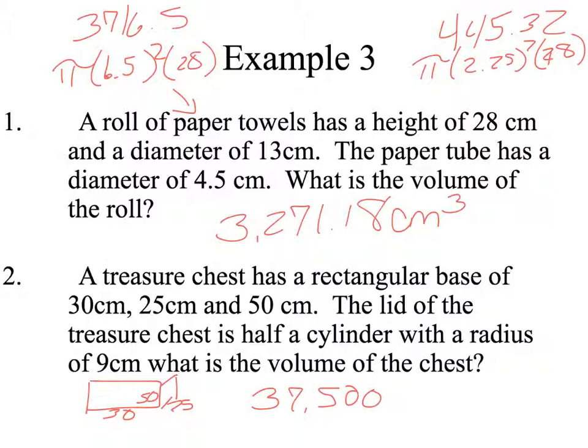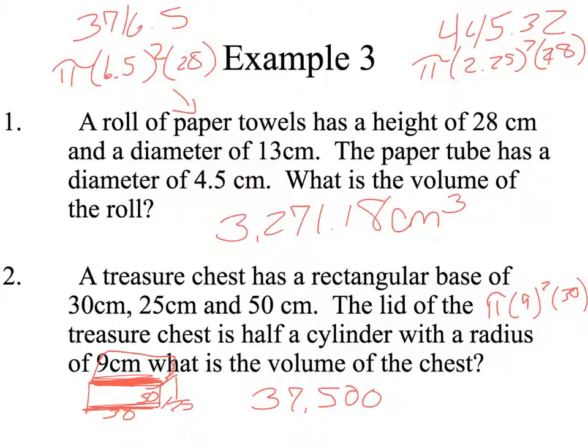We have a radius of 9 for our half cylinder, and if you notice where the lid's going to fit, it's a really bad looking lid, but the height of that cylinder is the same as the length of our rectangle, so 30. So I'm actually going to be using pi times 9 squared times 30.